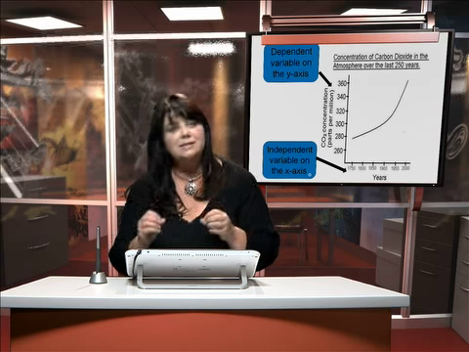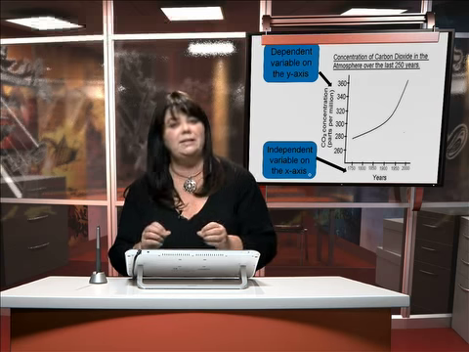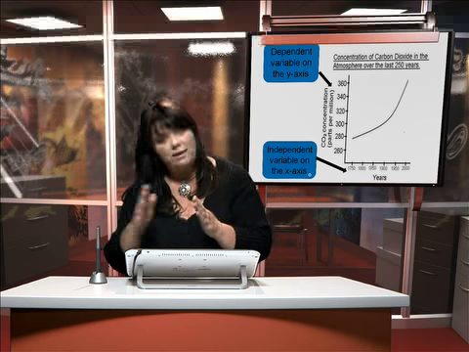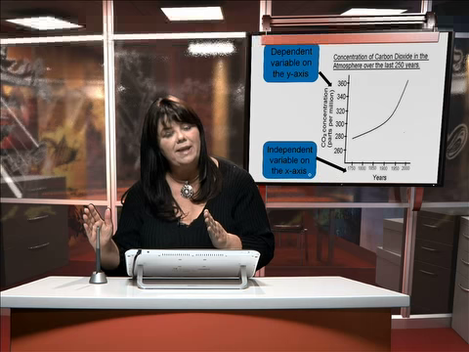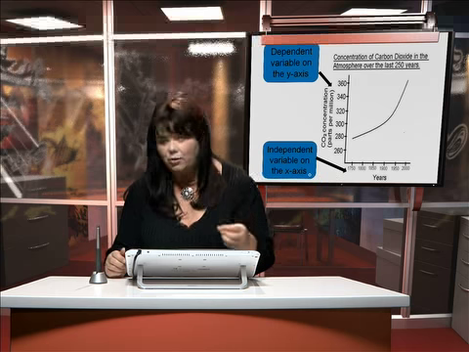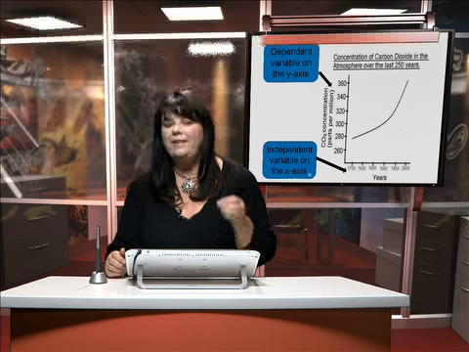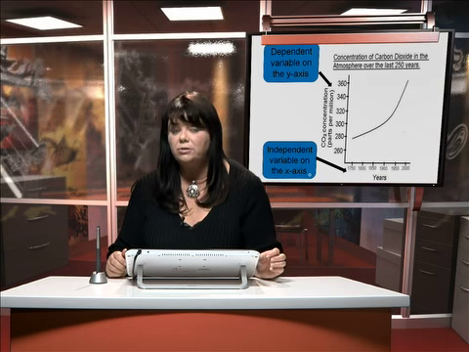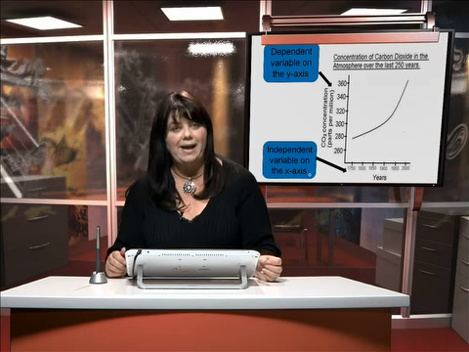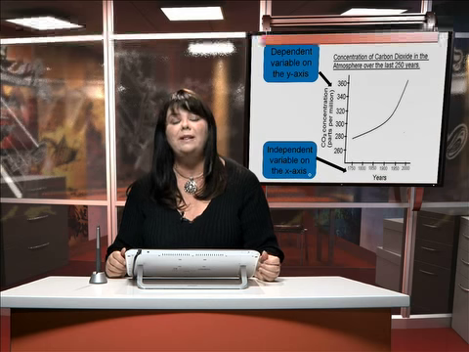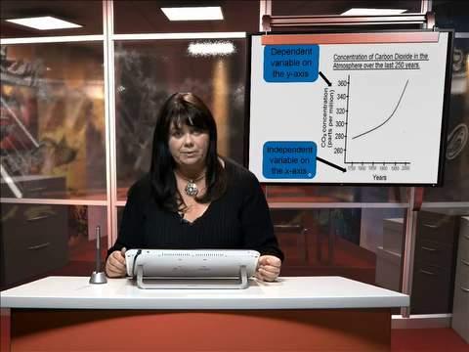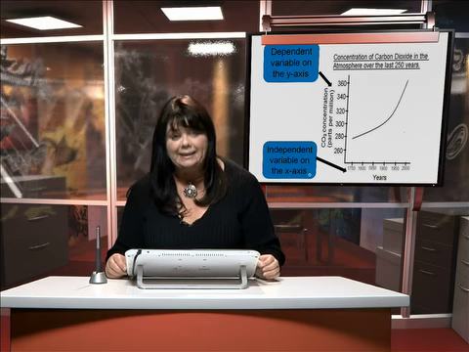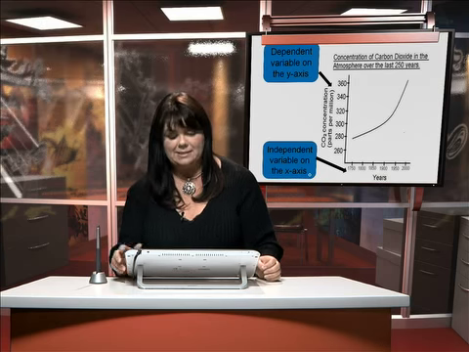The scientist has decided that he or she is going to measure time and plot a very careful scale of time, and then is going to find out, and that's important, the unknown variable, the variable that the scientist is going to find out, must go on the y-axis, because that is what we call the dependent variable. So remember, independent on the x and dependent variable on the y-axis.